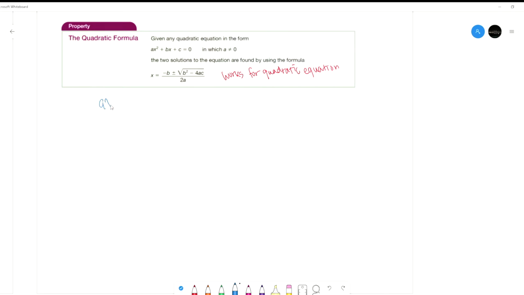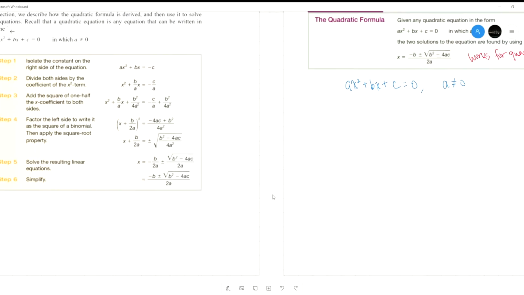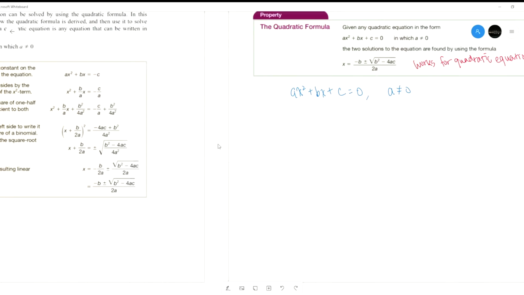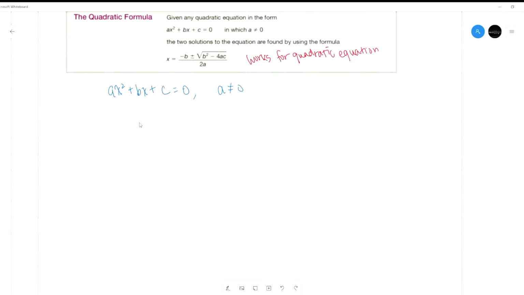So when we had ax squared plus bx plus c is equal to 0 and a is not equal to 0, this is our quadratic equation, right? I'm going to derive the formula right now, but it's a very long process, so I'll show you what to do. You don't have to memorize this, okay?